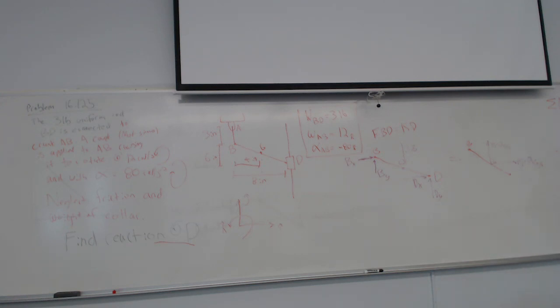Yes, 4. Yeah, for the y one it's 4. And that is a positive moment. Mass times acceleration of G in the x, 3 over 12. Yes, 3 over 12. Okay. Does everyone see this? Any questions here?